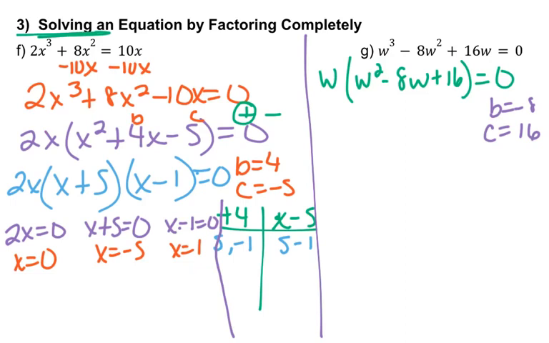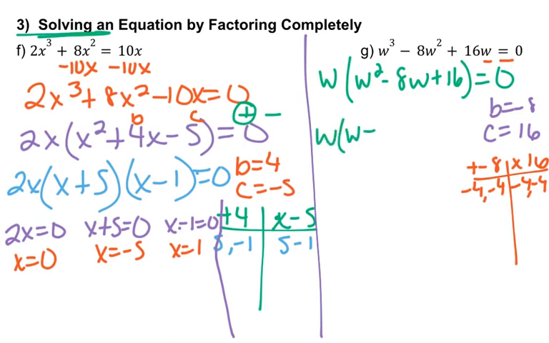And so that means we need 2 negatives. So what adds together to be -8 and multiplies to be positive 16? -4 and -4, right? So we would have w parentheses w minus 4, w minus 4 equals 0.